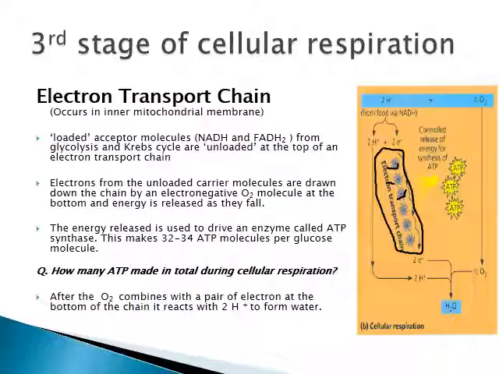Now, what we're left with is we have a need to maintain that concentration gradient, because as soon as the concentration gradient stops, the hydrogen won't go through ATP synthase and it won't work. So as the hydrogen ions travel through ATP synthase and enter back into the mitochondrial matrix, they actually combine with the oxygen that was sitting at the bottom of the chain to form water.